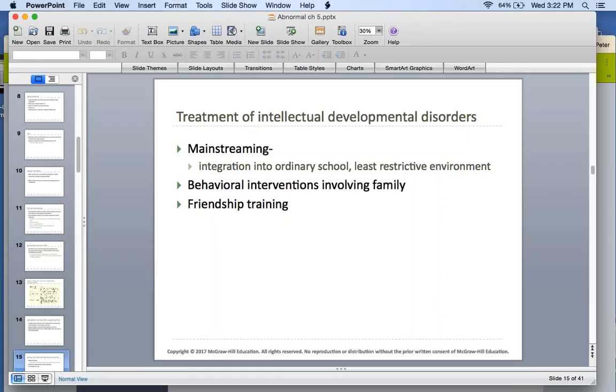And we practice this, and we practice it, and we practice it. We practice handshakes. We practice how to invite someone to play with you. We practice how to decide if you want to play with someone else or if you don't want to, and how to go about that. So friendship training for somebody that it just doesn't come naturally to.